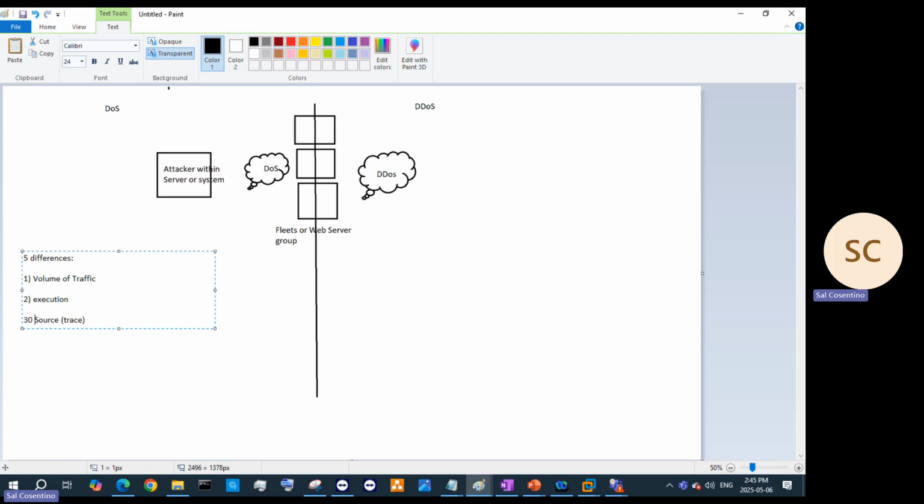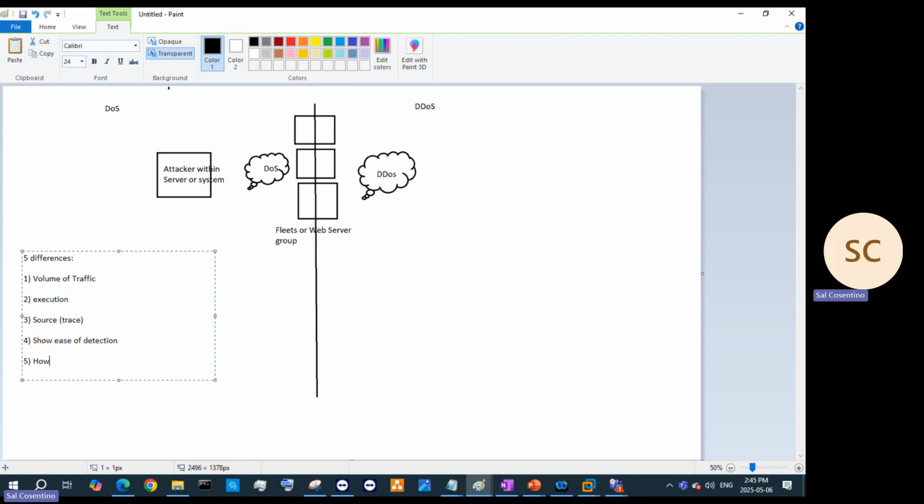Then four, when we look at the differences between DDoS and DOS, right? So DOS shows ease of detection, let's say, right? And five, how fast, what's the speed of this attack?